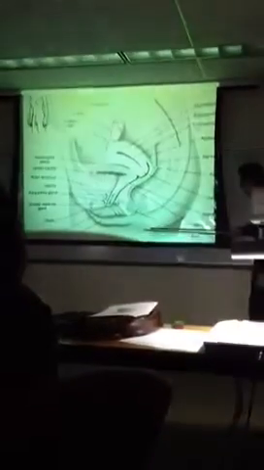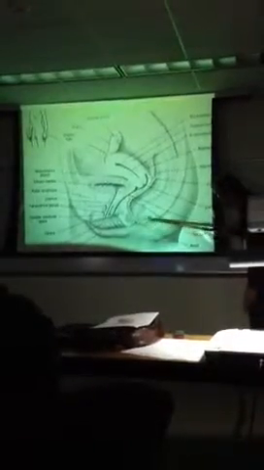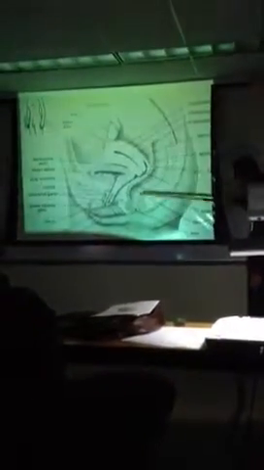Okay, now we've got the internal one. All right, this is again the sagittal view. Kind of a diagrammatic representation of what everything is. Going from posterior to anterior, in terms of orifices, we have the anus, which is coming from the rectum, sigmoid colon.